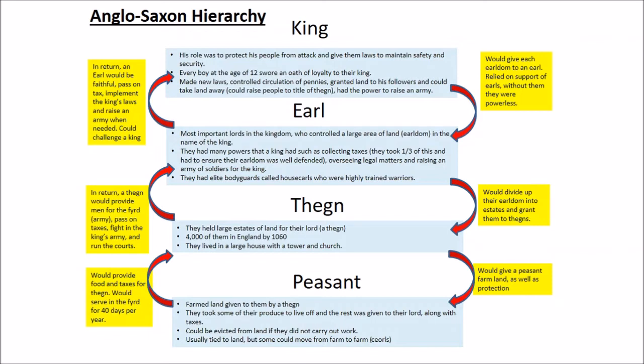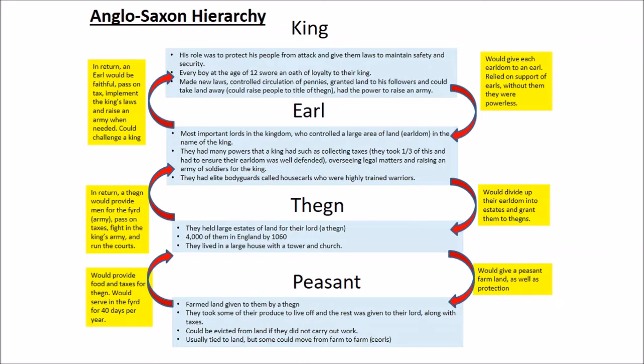Or peasants could become churls, which are slightly different types of peasant who can actually move from farm to farm. So in this system, thanes, for example, could become earls. Earls could challenge the king. Peasants could sell themselves into slavery. So this was a very, very mobile system. People could move up and move down depending on their circumstances.